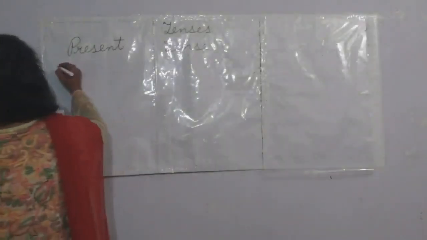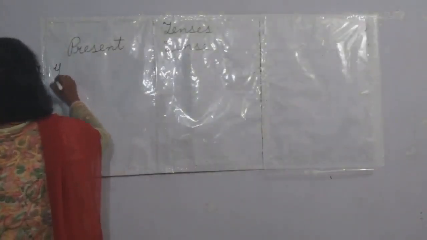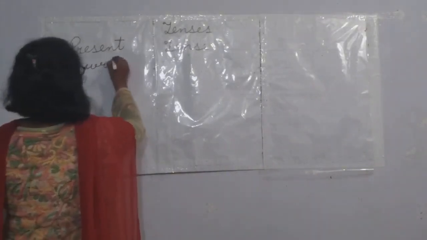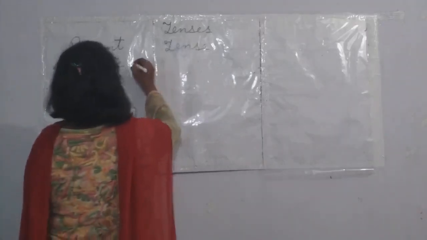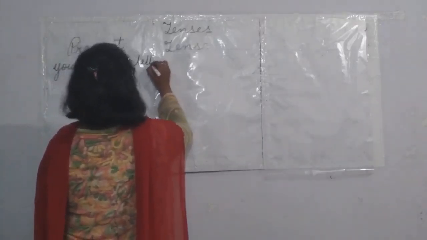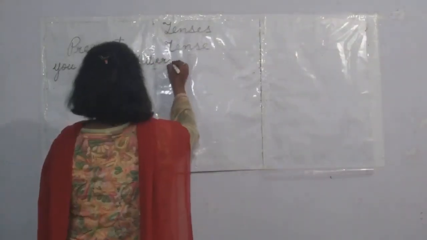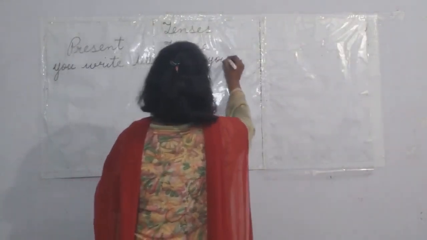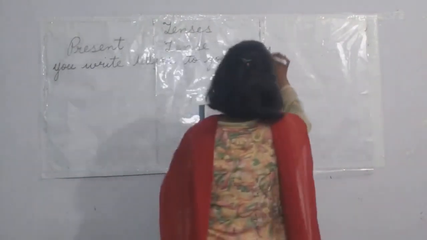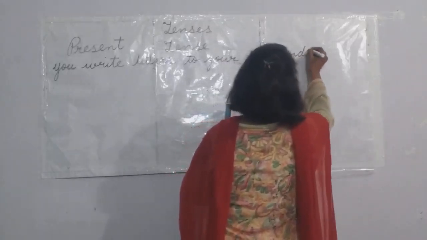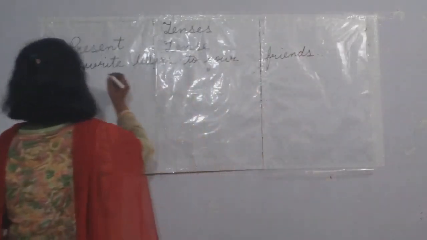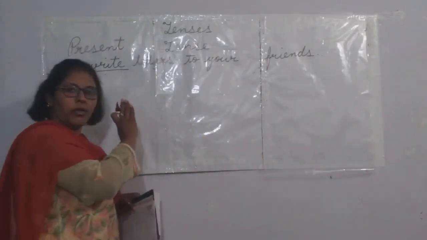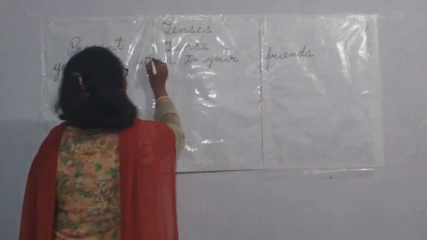First one. You write letters to your friends. So here if you see, the verb is not changed at all. It's write itself, not writes.